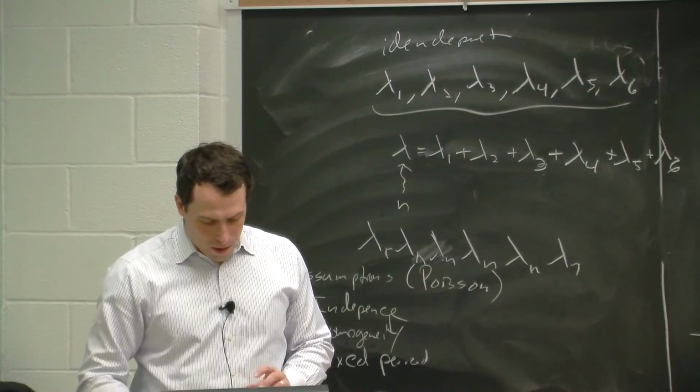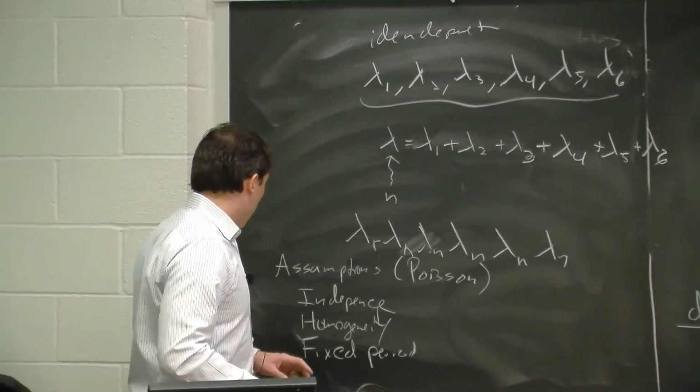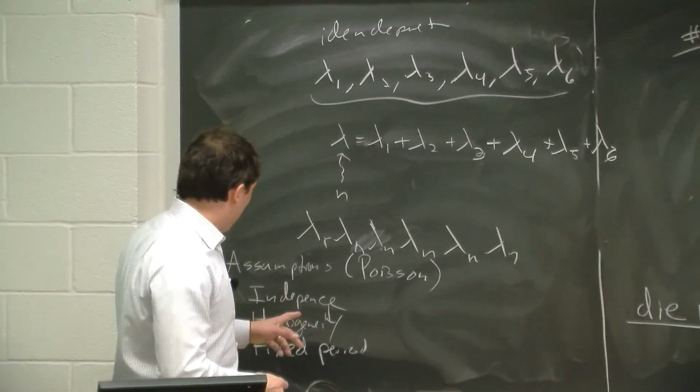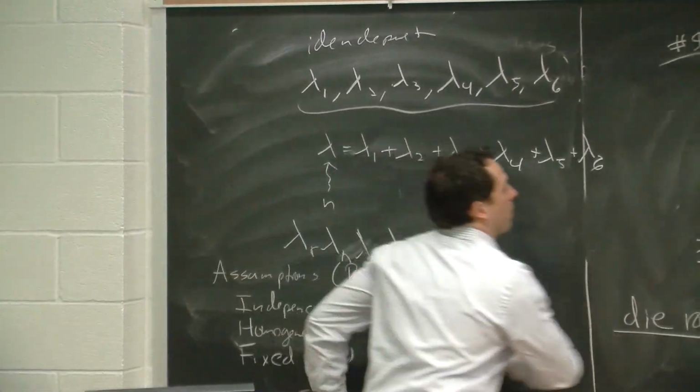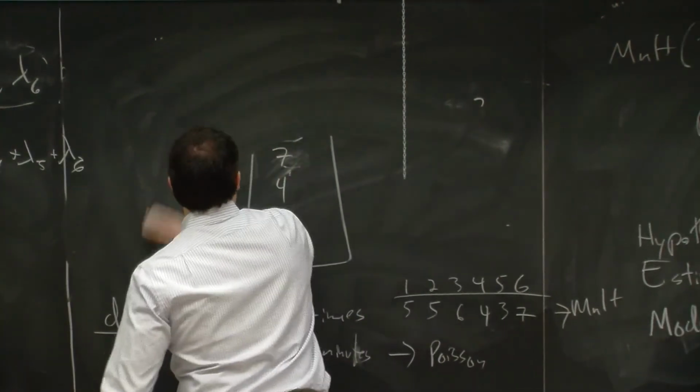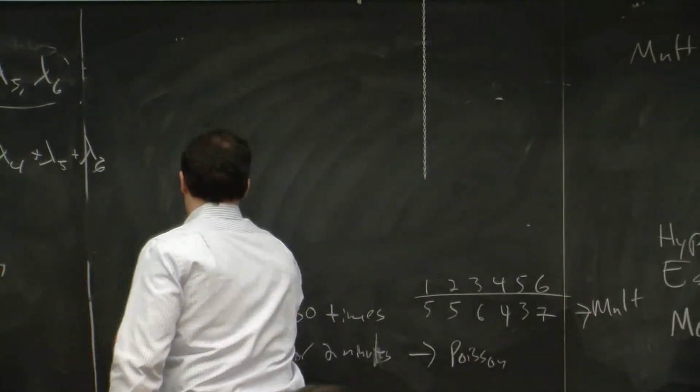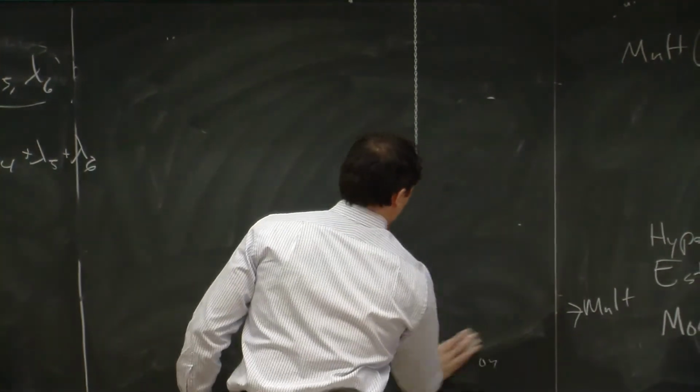Okay. And again, the last thing I want to mention is that it's easy to measure or note when that is violated, and it's frequently violated for the Poisson.